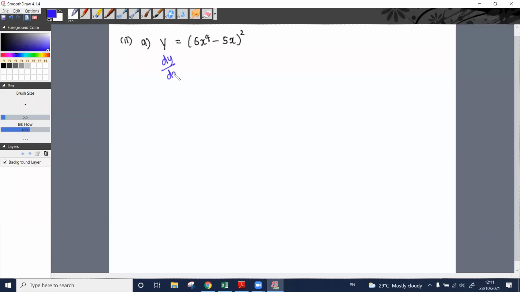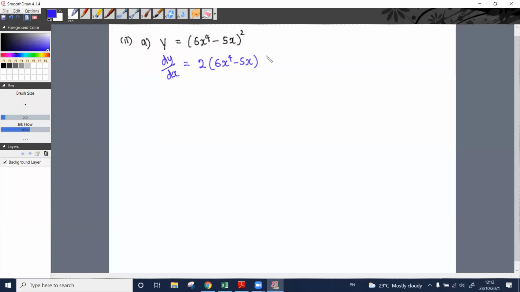dy by dx equals, what happens? We need to multiply this one by the power value. Power value is 2. 2 into 6x to the power 4 minus 5x, and the power decreases by one. 2 minus 1 means 1. When the power is 1, we normally do not write it. Apart from that, what we need to do?